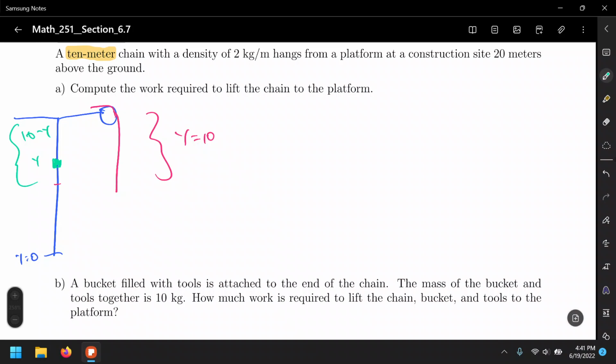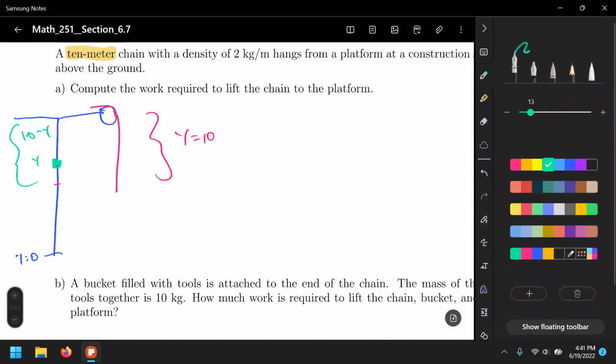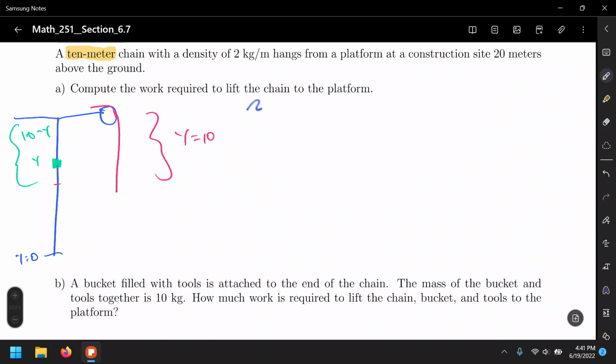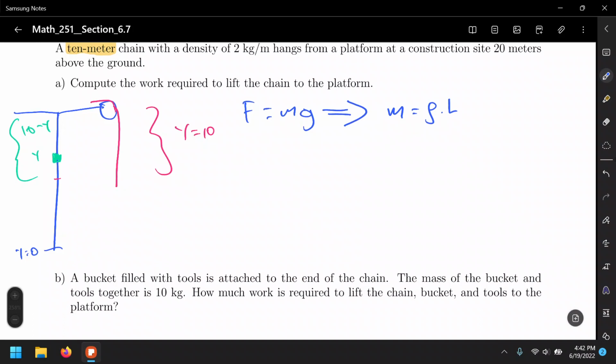First of all, we need a force function, and recall from earlier that force equals mass times acceleration, which in this case is the one due to gravity. But first we need to figure out what the mass is. Recall that the mass is the density times the length. In our case, the density is 2 kilograms per meter, that's the density of the chain.